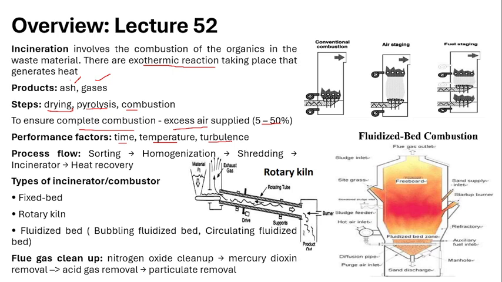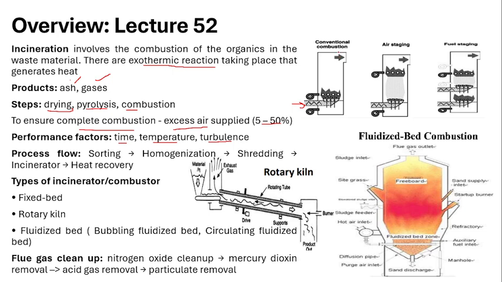And if you see, this is the conventional combustion process. So where this grating tray is allowing the fuel, that is our feedstock waste material, to go inside the reaction chamber, and air is supplied here. So both air and biomass is fed here. So what is happening is the combustion of the waste material happens.